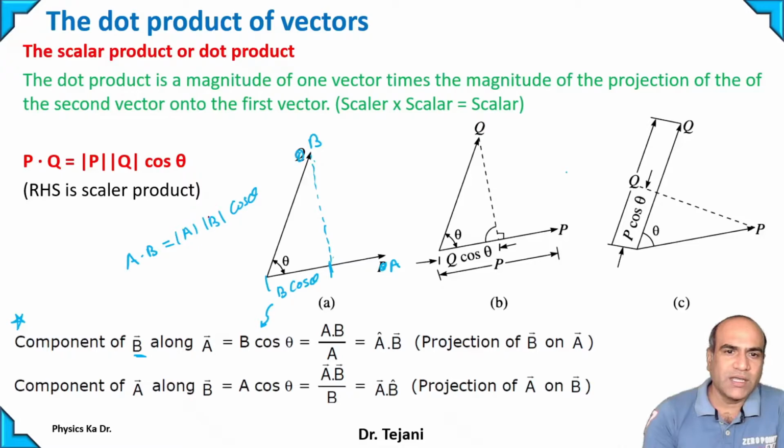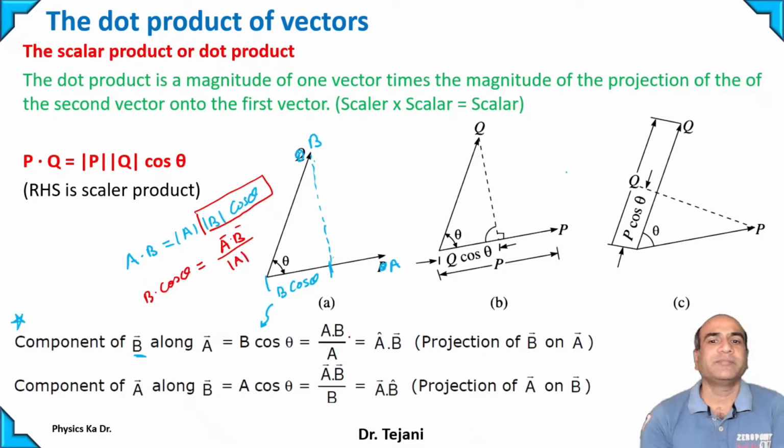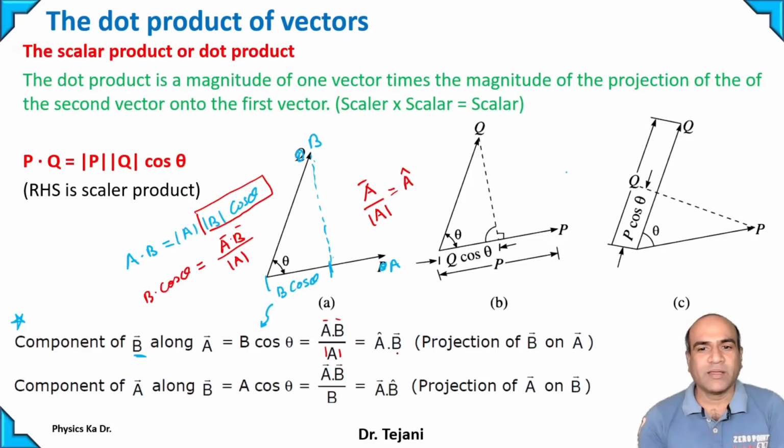If you take B cos theta on a single side, B cos theta is equal to A dot B vector divided by its mod A. And we know that a vector divided by its mod gives us a unit vector.